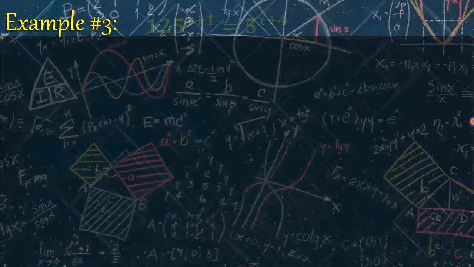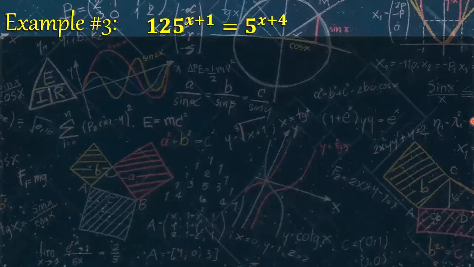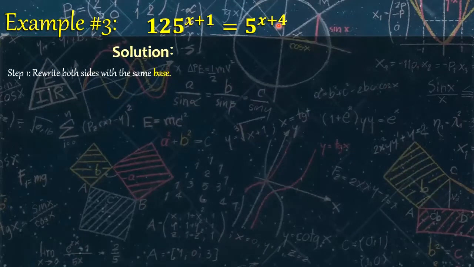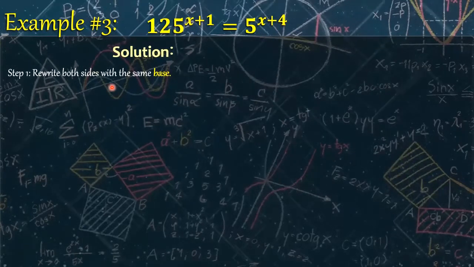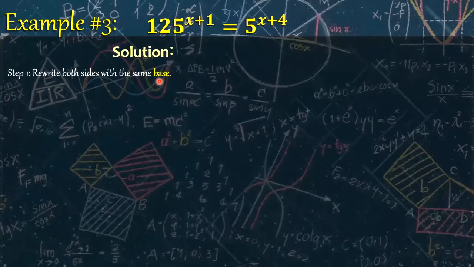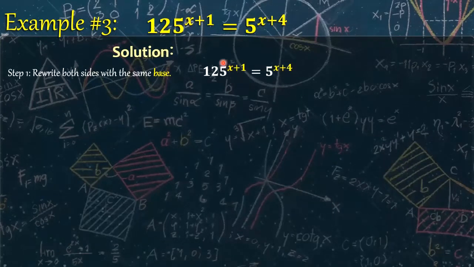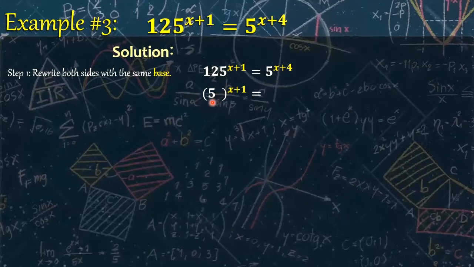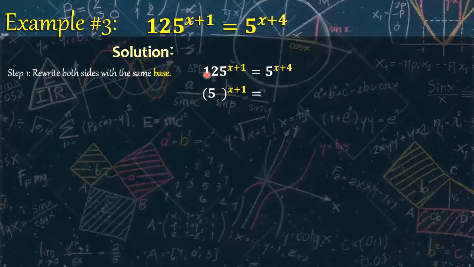Example number 3. We have 125 raised to the power of x plus 1 equals 5 raised to the power of x plus 4. First step, rewrite both sides with the same base, which is 5. So this 125 should be expressed having a base of 5. What should be its power so that the result is 125?